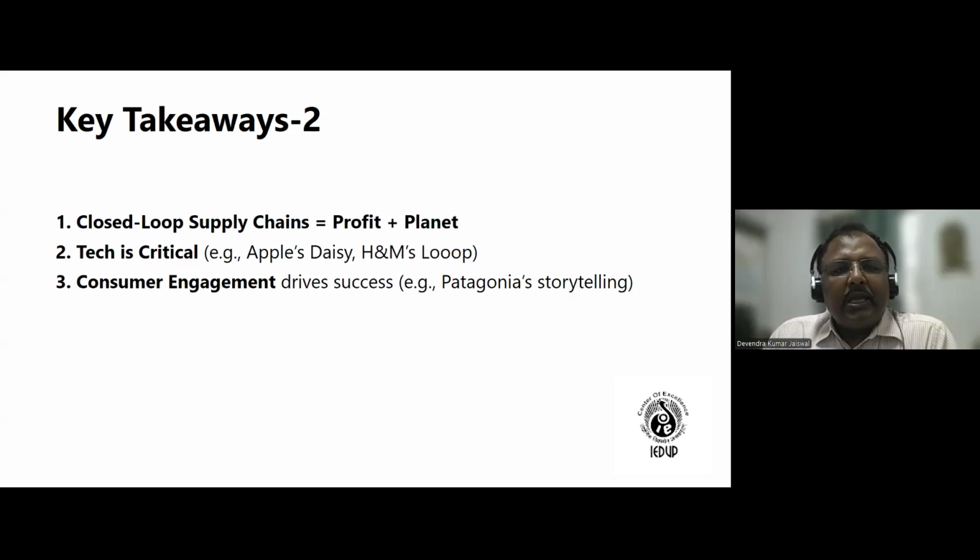Then consumer engagement, which drives the success. So you have a concept and you tell it to everyone, you spread the good word around, and what you get is a Patagonia storytelling or Patagonia company, which is into recycled products.